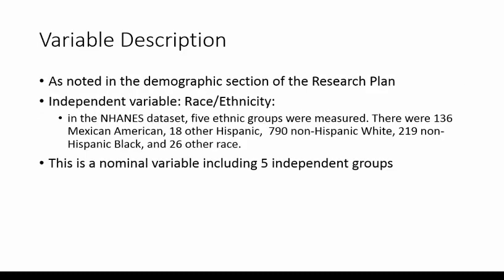So the variable in the example, the ethnicity, was defined when we did the demographic data of the sample. So I just put in here the independent variables, race and ethnicity. More about the breakdown, I would give information about that here, and then say this is a nominal variable because it's 5 different groups.